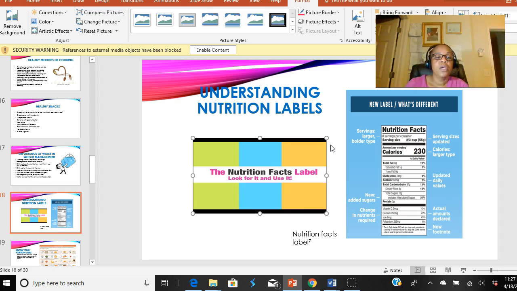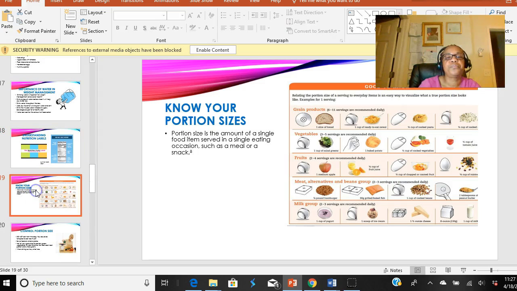Now, this can help you to decide, do I use this product because it has hidden sugars, or do I put it aside? It also shows changes in nutrients required and the actual amounts declared, and it also has a new footnote. Very good information to help you.